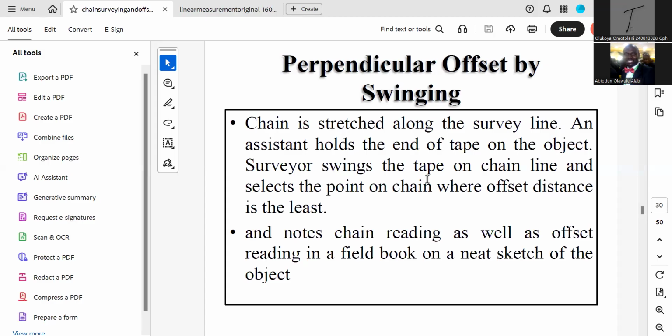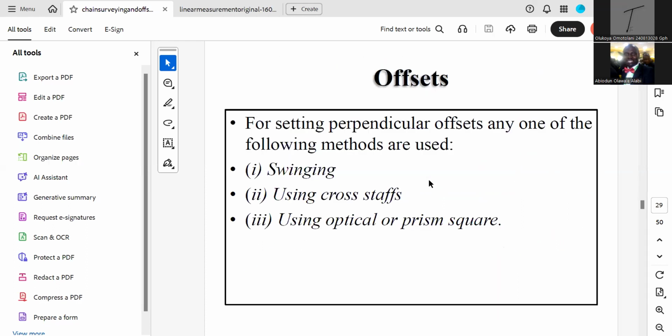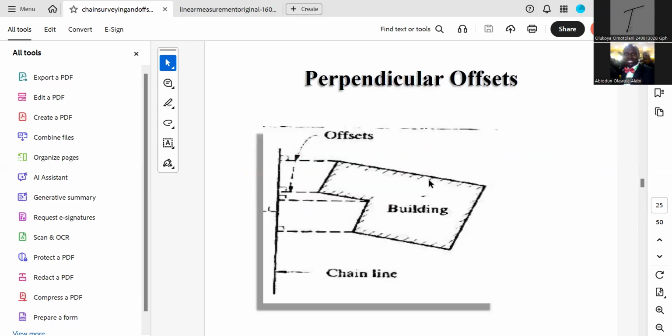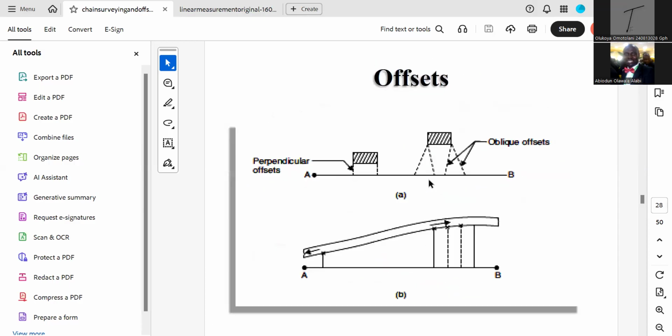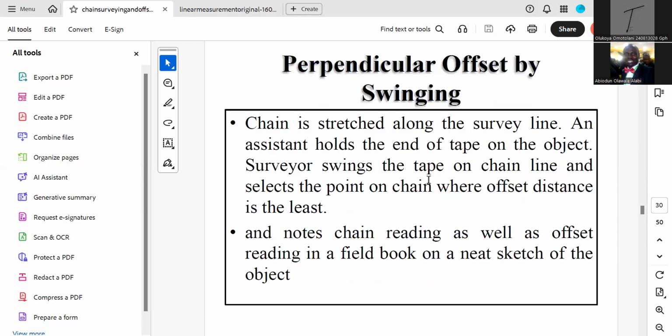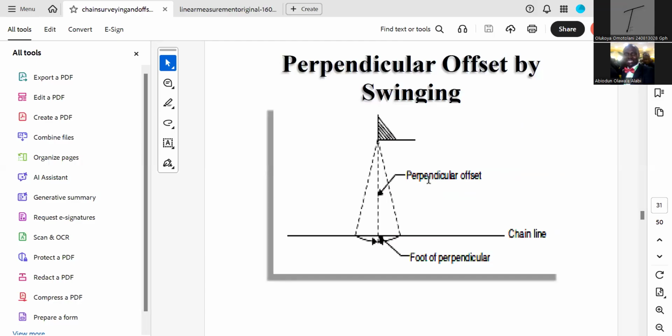Another way is you create a right angle triangle of ratio 3, 4, 5. Another method is when you use your cross staff, or optical square. Cross staff or optical square. So that is that.